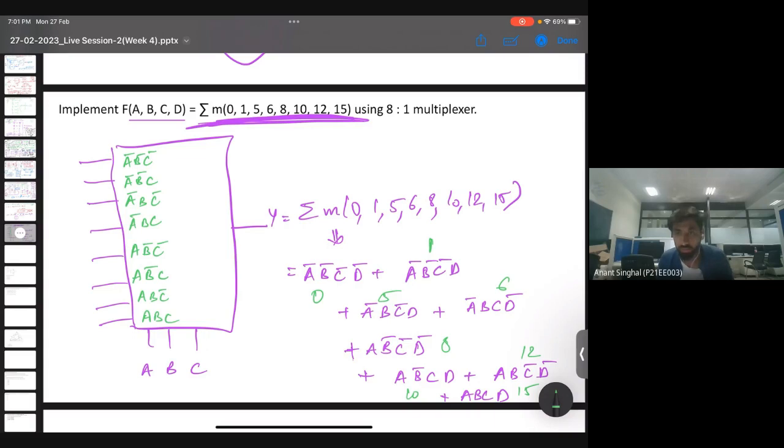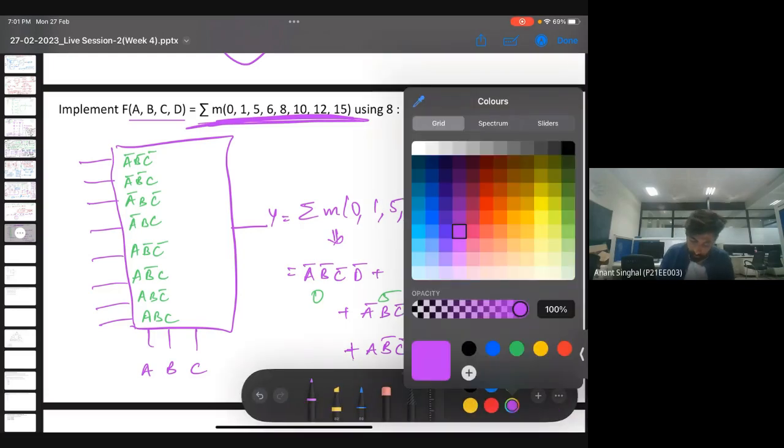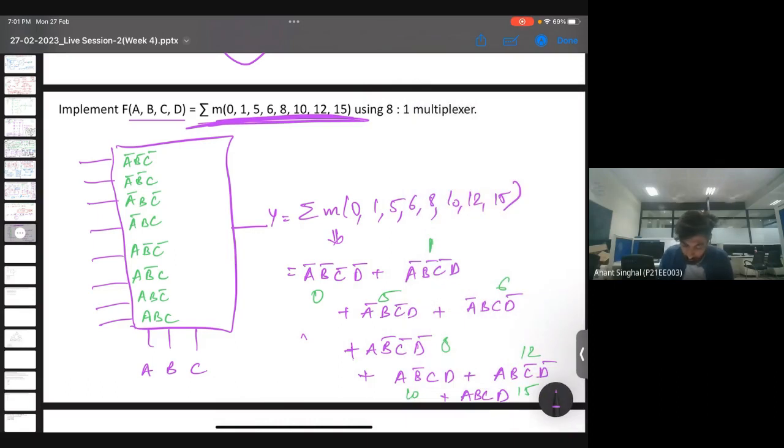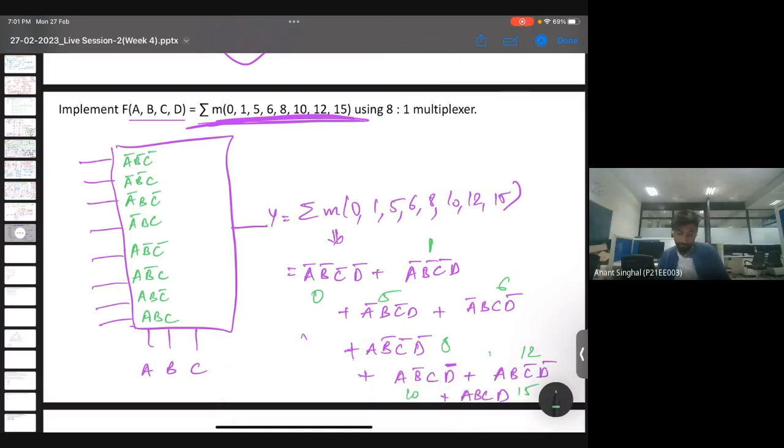Is it clear? For 10 it is not correct. Okay, let me see. For 10 it is 8 plus 4. Oh, okay, yeah, this will be bar. Fine, thank you.